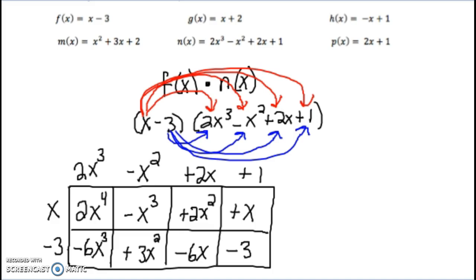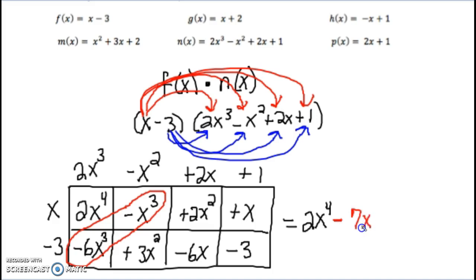And the reason I like my box is because what do you notice about the diagonals? I have a 2x to the fourth, but look here. Both of those are my x to the third. So when I combine them, I get what?